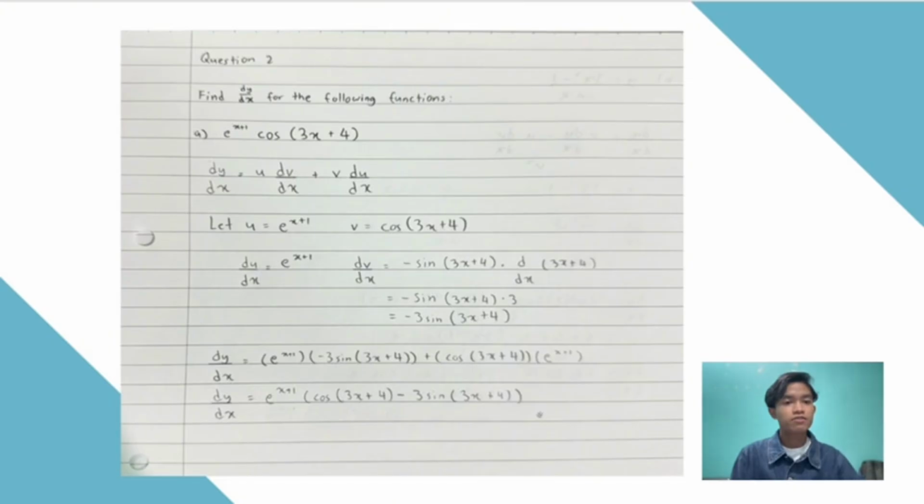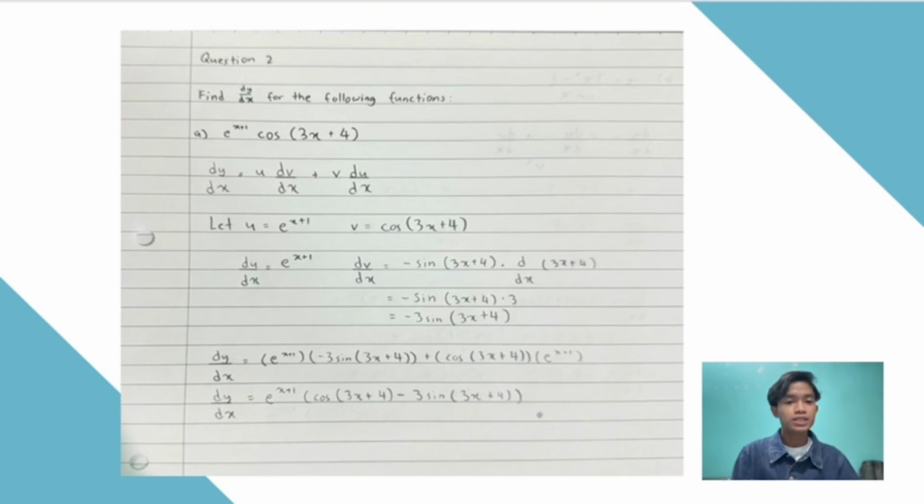The derivative of cos 3x plus 4 is dv over dx equals negative sine 3x plus 4 times 3, equals negative 3 sine 3x plus 4. Now I substitute all values into the product rule formula.